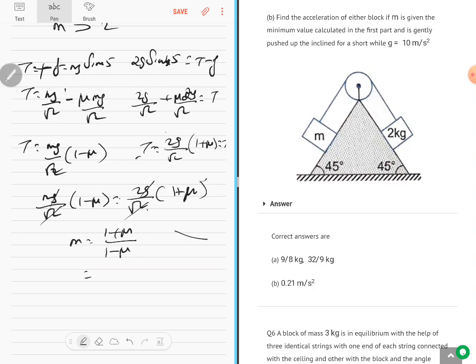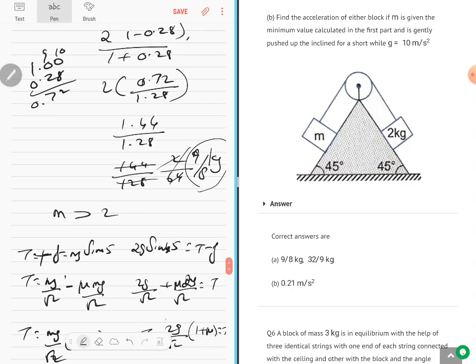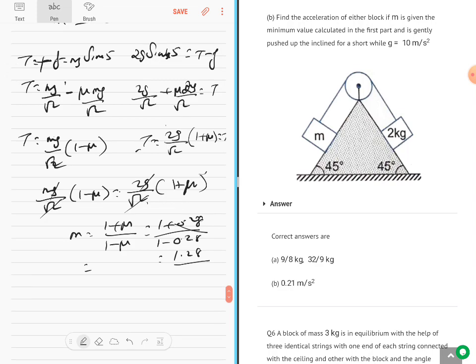In that case, if you put 1 plus 0.28 by 1 minus 0.28, it is 1.28 by 0.72.